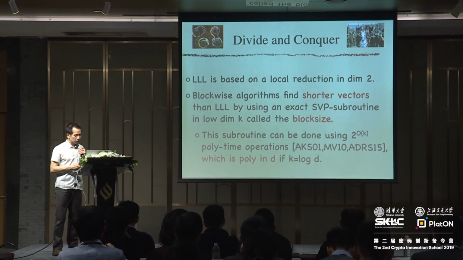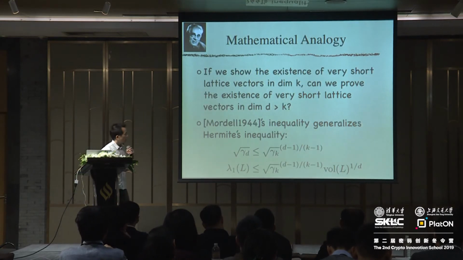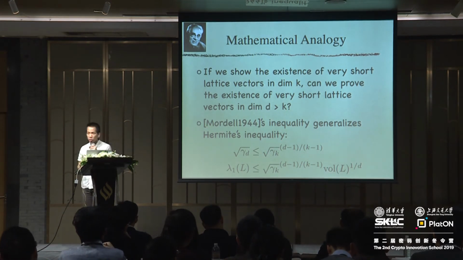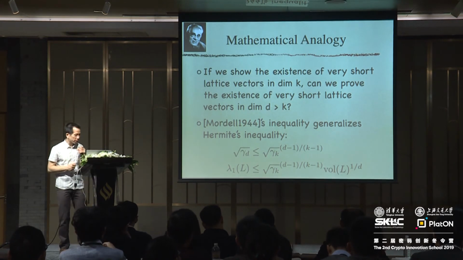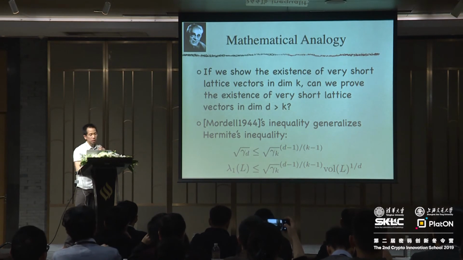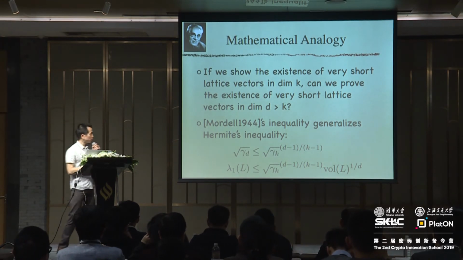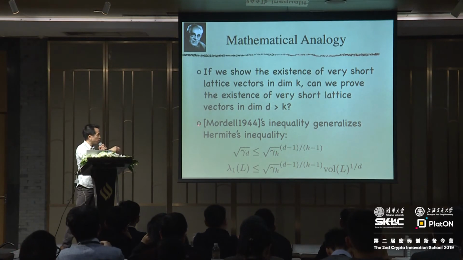So again, we can ask the help of a mathematician. The analog of this problem would be, suppose you can show the existence of very short vectors in dimension k. Can you use that knowledge to prove the existence of short vectors in higher dimension? It turns out that was done very simply by Mordell in 1944.